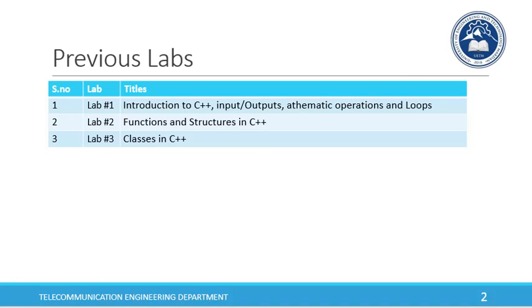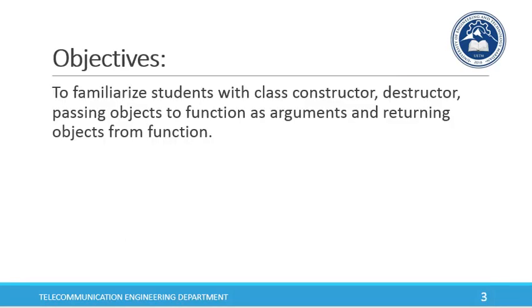These are our previous labs which we have already done, and today is our fourth lab. The main objective of this lab is to familiarize students with class constructors and destructors.